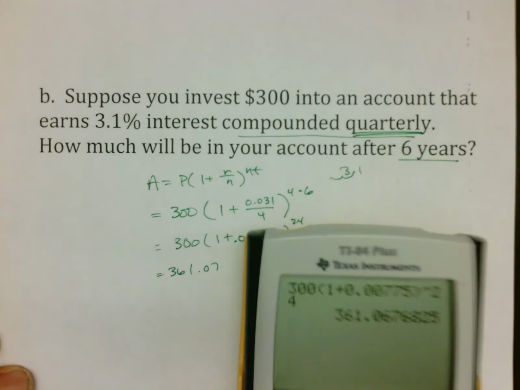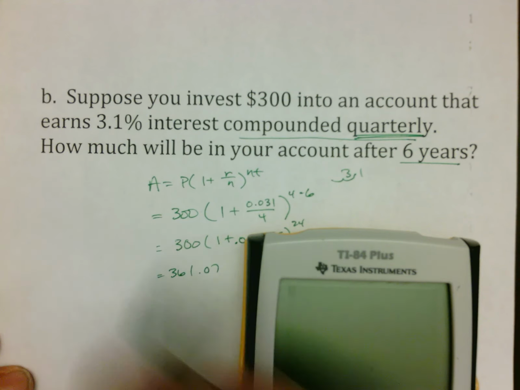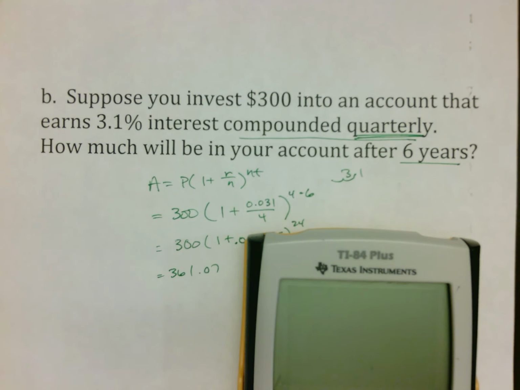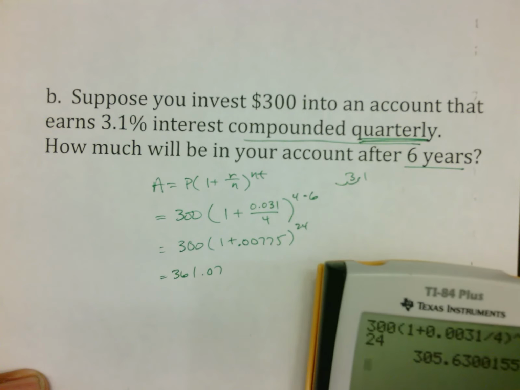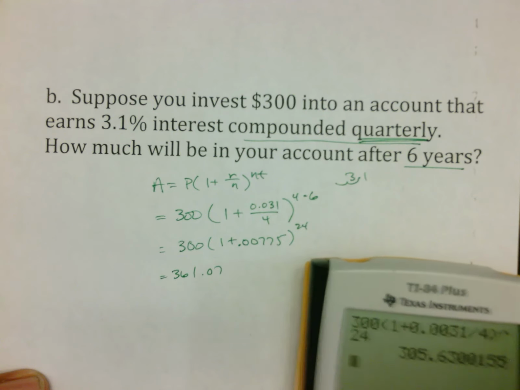Now, if you are a good calculator programmer, you can probably do it from here. Just be careful again to remember that, actually I think the order of operations would take care of itself. So let's see, 300 parentheses 1 plus 0.0031 divided by 4, close, caret, and I would probably still not put 4 times 6, but I would put my 24 here, and that does not work. Why not? What do I do differently?